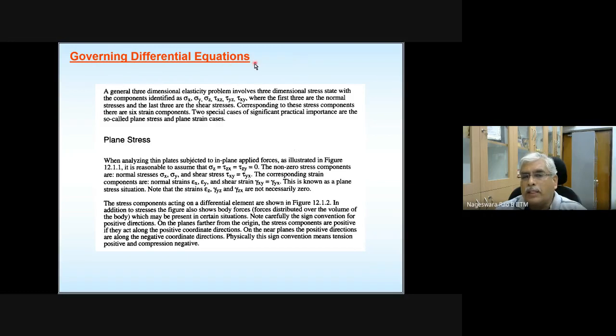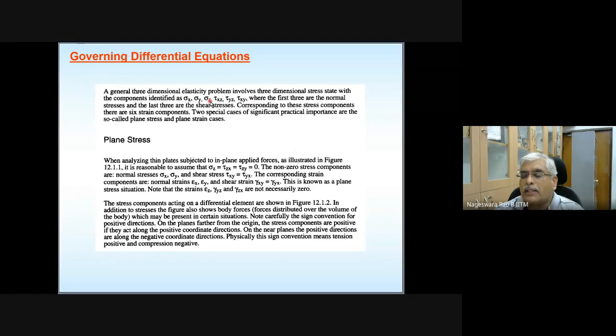So, the governing differential equations: a general three-dimensional elasticity problem involves a three-dimensional stress state, with components identified as normal stress components and shear stress components.